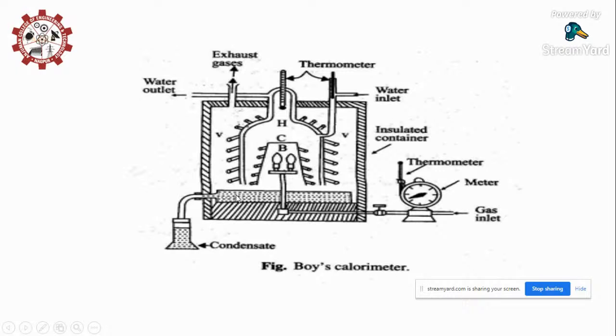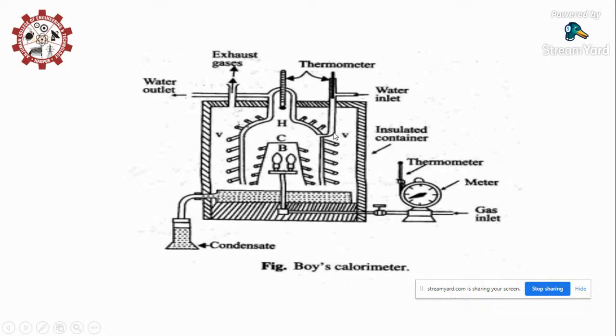Okay. So we are going to remove the water, which accumulates here as condensate, and weigh it. We're going to find out its mass. This is how the experiment basically works.